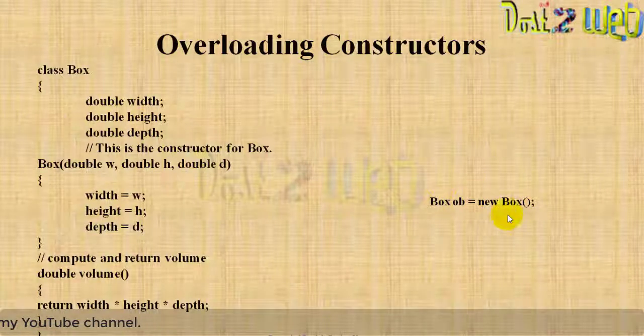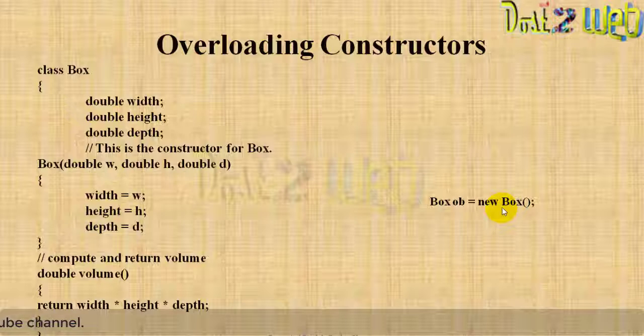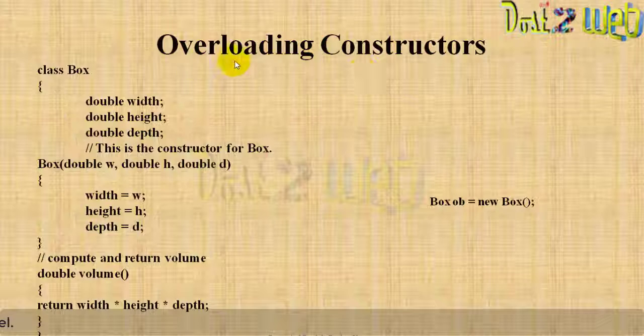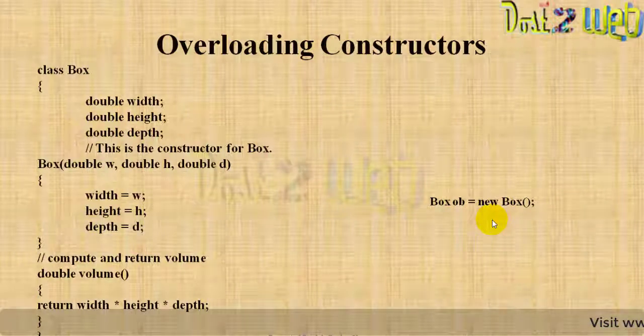If you create it like this, obviously it will give an error, because the concept here is overloading constructor, and here we are not passing any parameter. It is compulsory to pass the argument, otherwise the program will not execute.